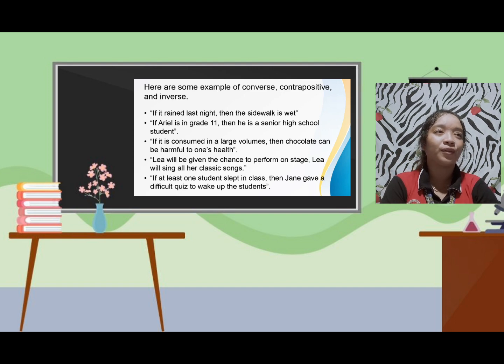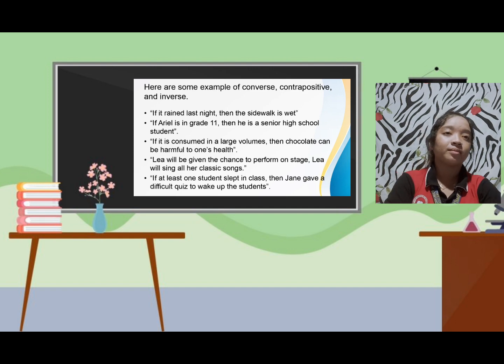To find the converse of this statement, you need to find first the conclusion or the Q, and then implies our hypothesis or P. So the converse is: if chocolate can be harmful to one's health, then it is consumed in large volume. So let's find the contrapositive of this statement.